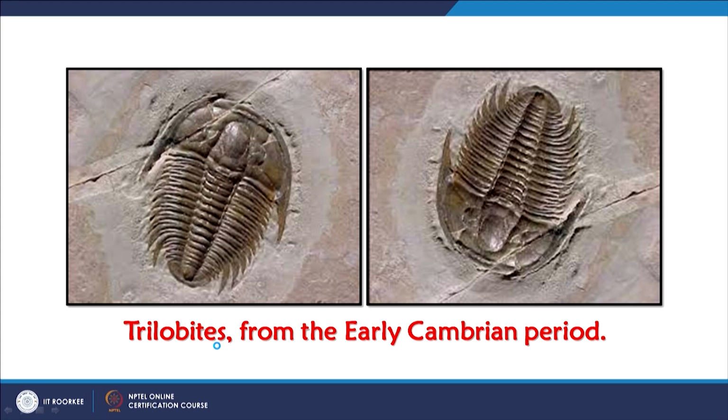So there is a scenario of something like mold and cast. Even if I get in the field and the right image, if I rotate by 180 degrees, I get the left image, which gives a very good impression about that fossil or that animal which was there.